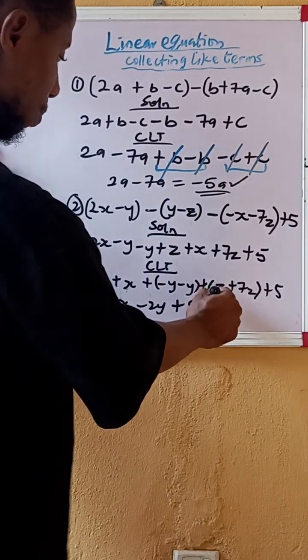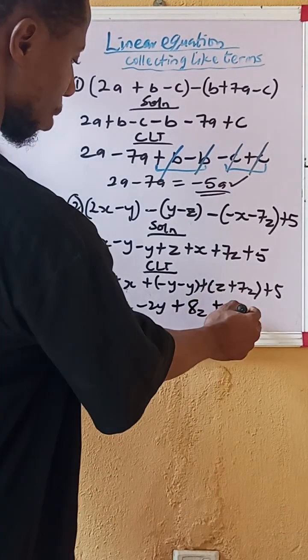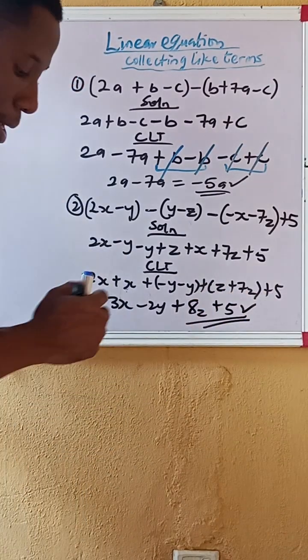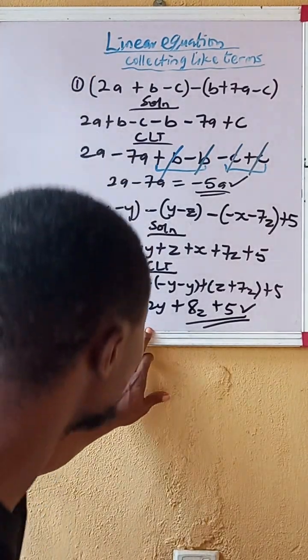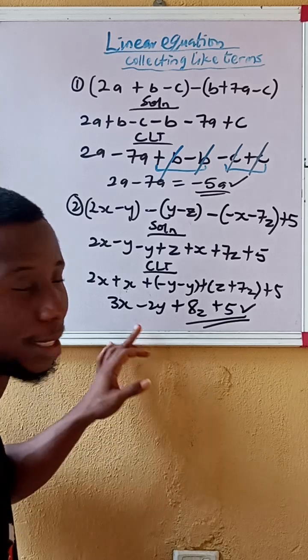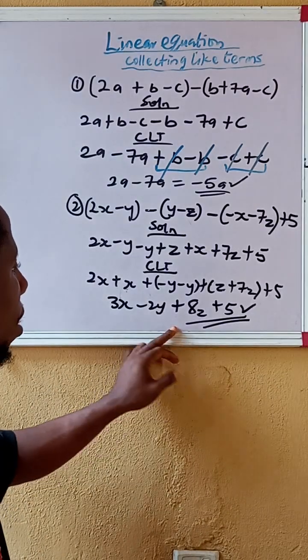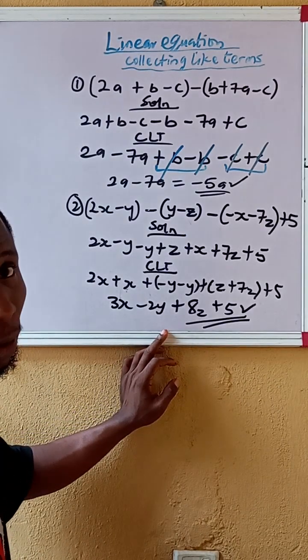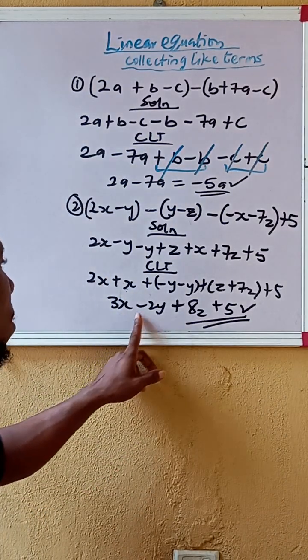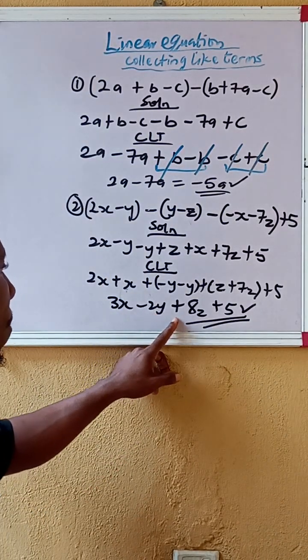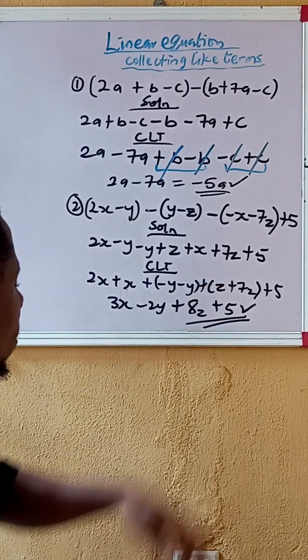All right. Plus 5. So guys, this is the final answer to the question, because we cannot simplify or collect like terms in this last phase. So this is the final answer. We have 3x minus 2y plus 8z plus 5.